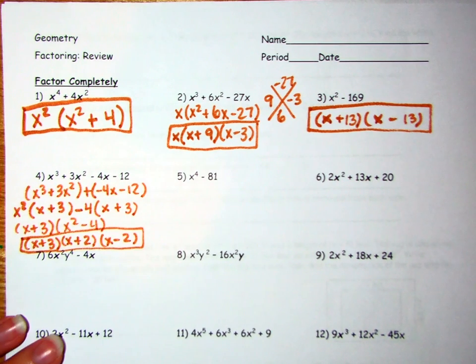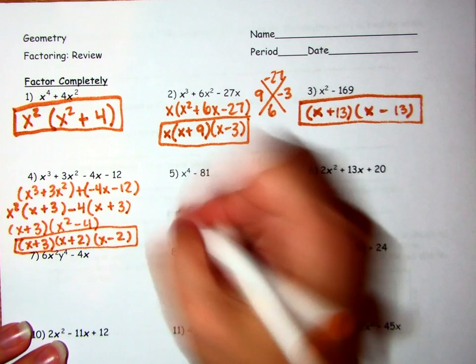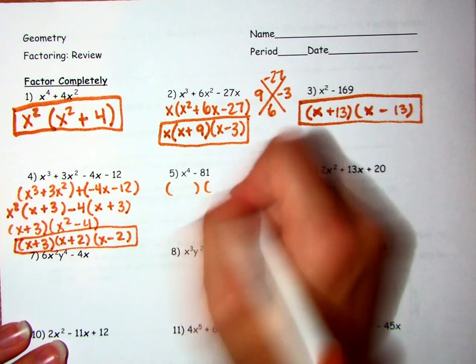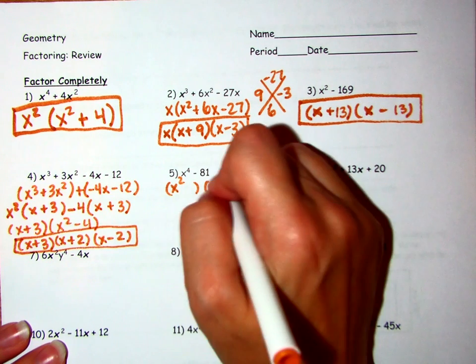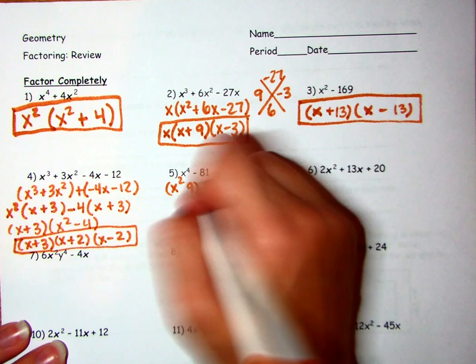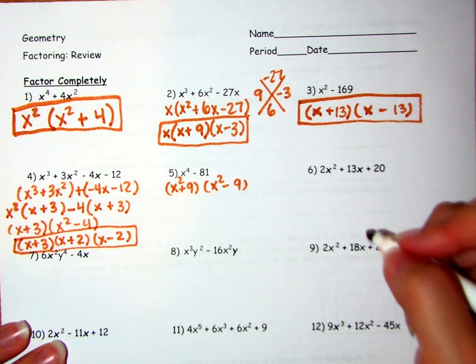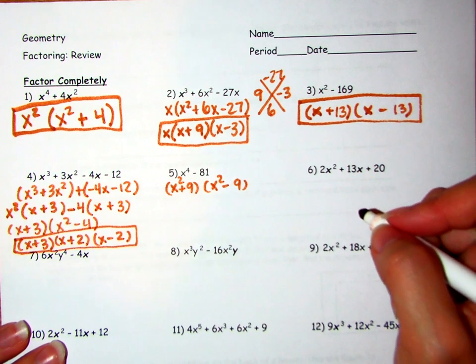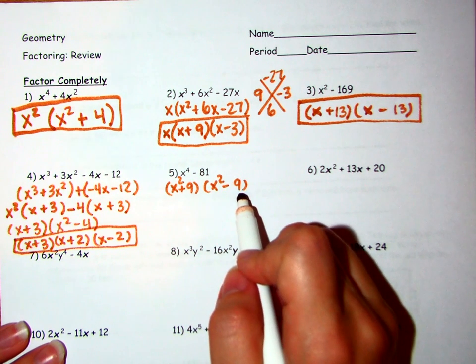Now in this next problem, we see that we have a difference of 2 squares again, so we want to open up 2 parentheses. So we have x times x, and it's actually going to be x squared times x squared is x to the 4th. And then we have 9 times 9 is 81. One of these will be plus, one of these be minus. Which again, you have to be careful because I see a difference of 2 squares, which means we should keep going.